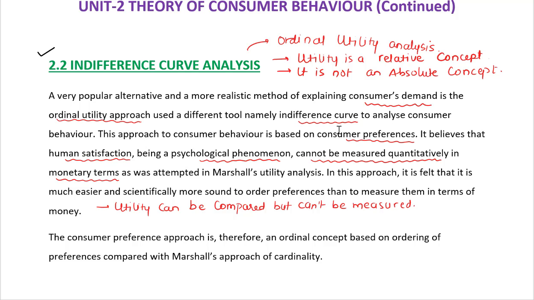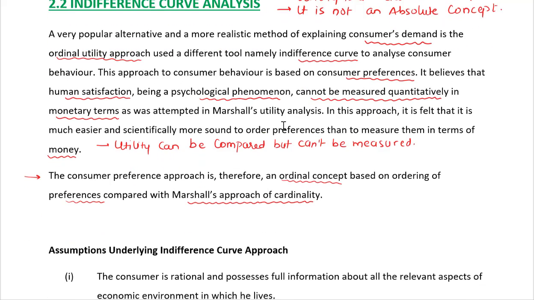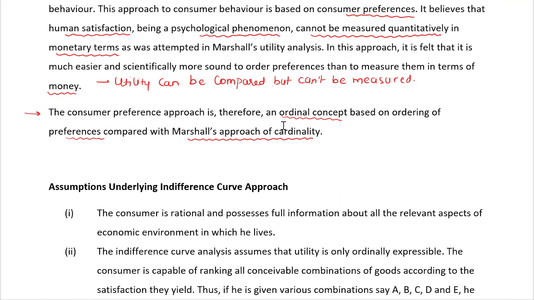In this approach, it is felt that it is much easier and scientifically more sound to order preferences than to measure them in terms of money. The consumer preference is therefore an ordinal concept based on the ordering of preferences, compared with Marshall's approach of cardinality. So, the ordinal approach is more practical and preferable.